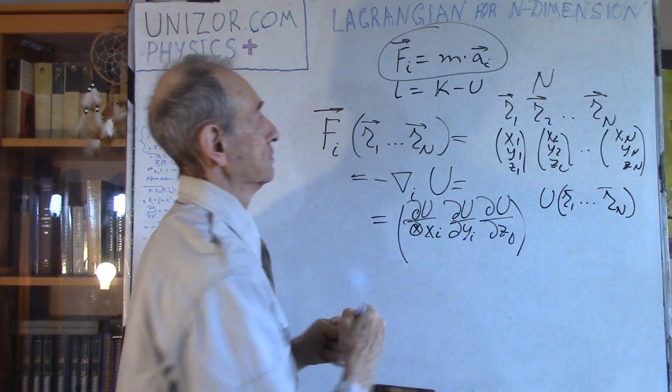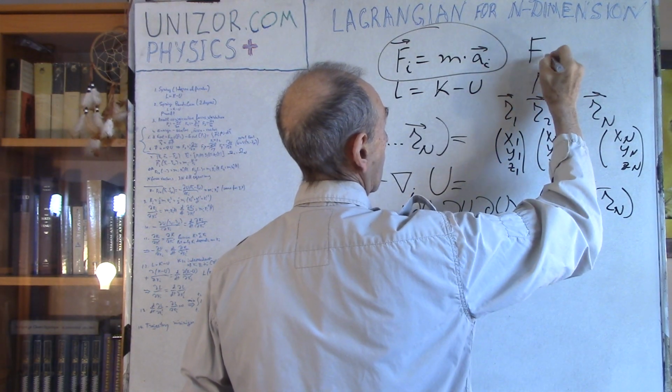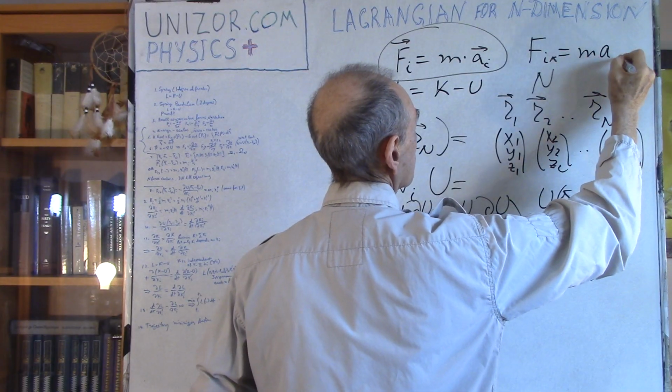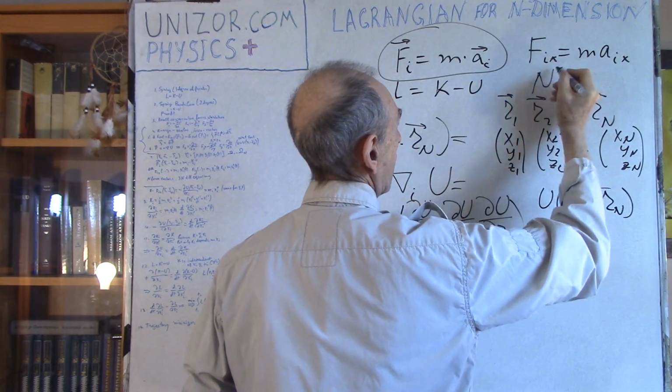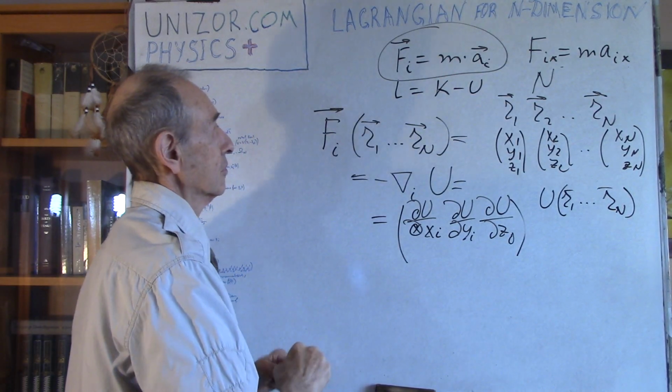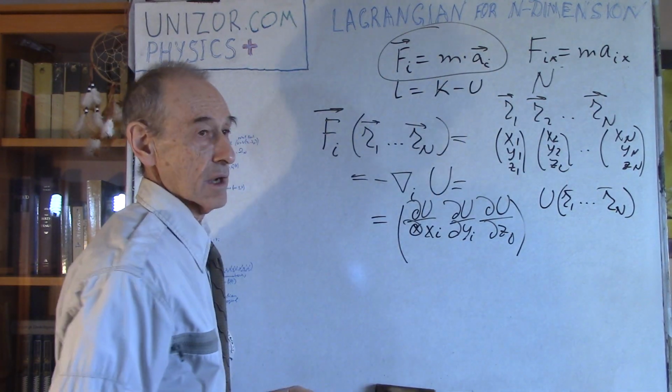It's F_ix equal to m a_ix, y and z at the same time by each coordinate, because forces and accelerations are vectors.